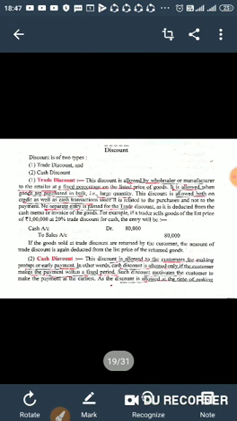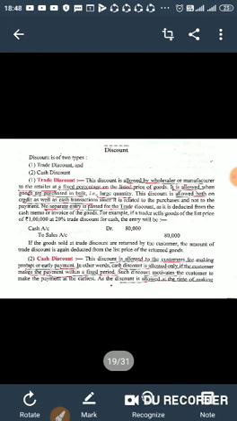Children, we have been discussing journal. Yesterday we solved one practical question, and we saw how to journalize a business transaction.